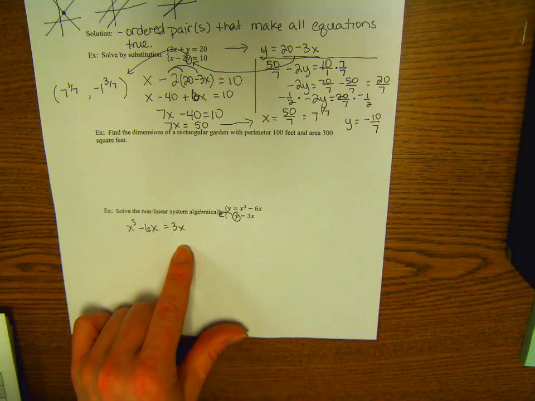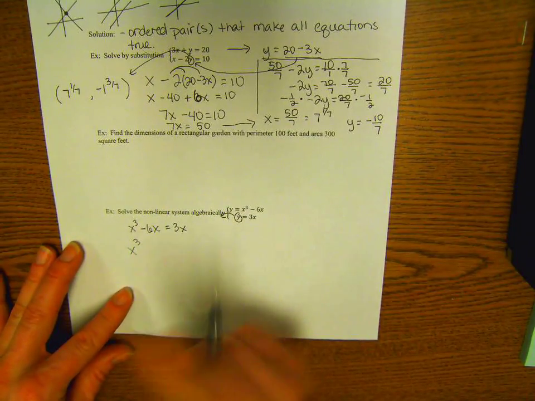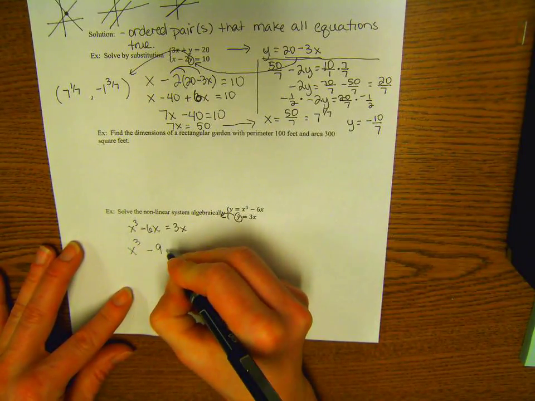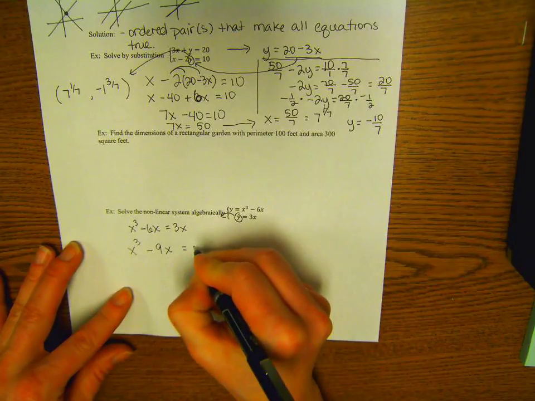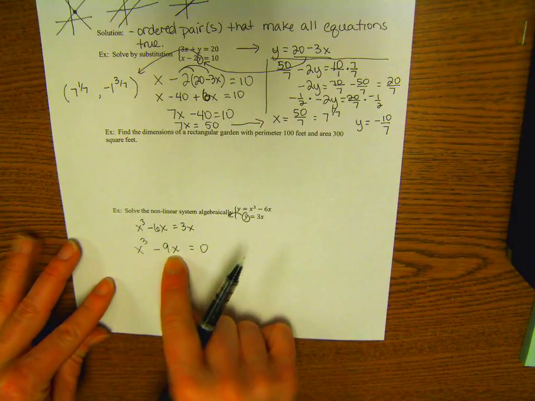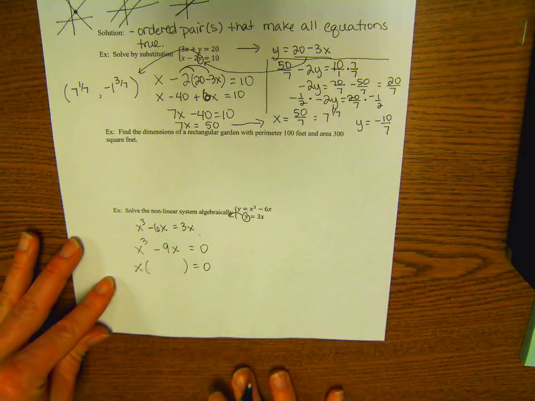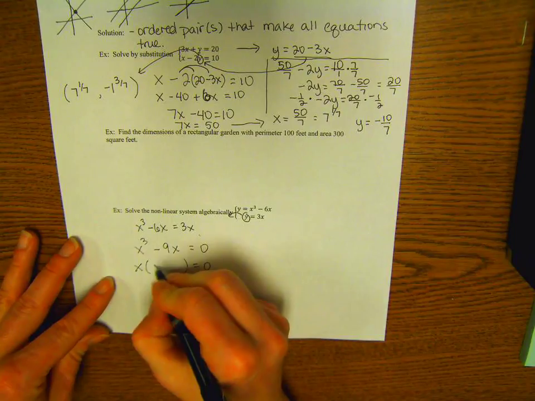If I subtracted 3x from both sides, wouldn't I get x cubed minus 9x? Then I'm going to take out an x. And what's left? X squared minus 9. I like to factor further.